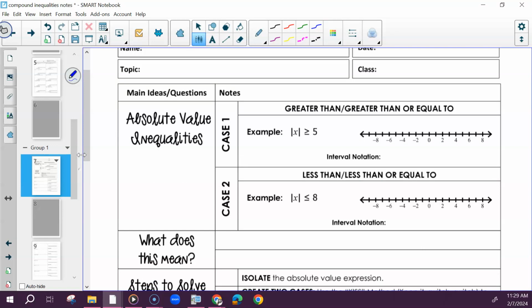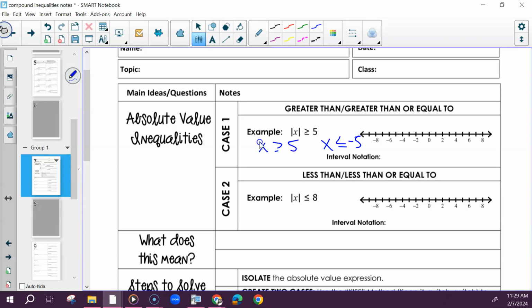So if we have something greater than or equal to, we are going to drop the absolute value, keep whatever is the same, so whatever the sign is, whatever the number is, keep it the same. But then you have to have 2, and the other one you're going to change the sign, just the direction, not from less than to less than or equal to or vice versa, and make this a negative.